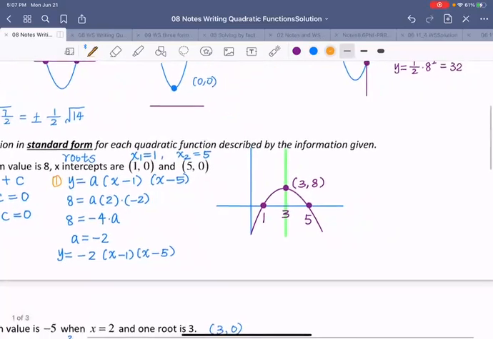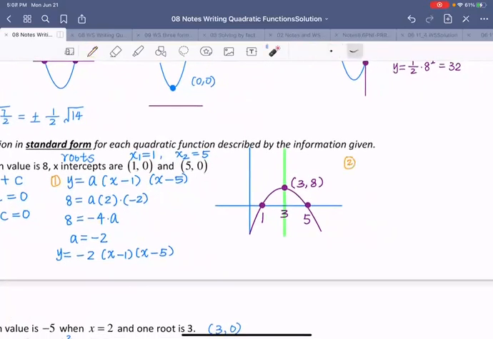Let's do the second way. We figured out that the midpoint of these 2 points is 3 and the maximum is 8. So that is the vertex, correct? If this is a vertex, can we write down the vertex form, please? y equals a(x minus h) squared plus k. Very good.